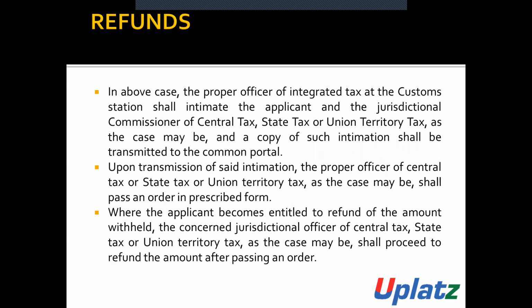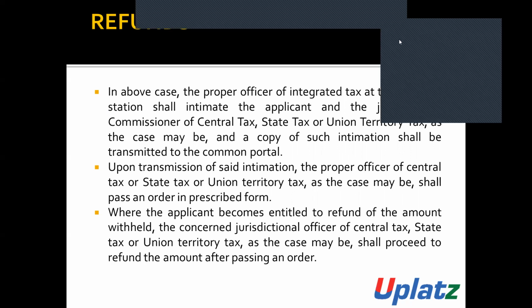When the intimation about such withholding is transmitted by the proper officer to the central tax, state tax or union territory tax proper officer, they shall pass an order in the prescribed form.